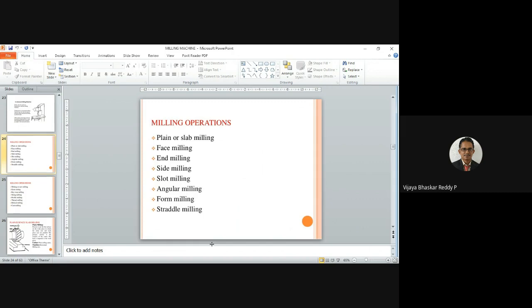And milling operations include slitting or saw milling, gear cutting operations, keyways, which we have already discussed, string milling operations, profile milling, thread milling, helical milling and cam milling. Like that, we can perform various operations by milling.